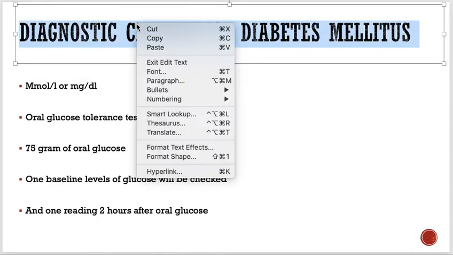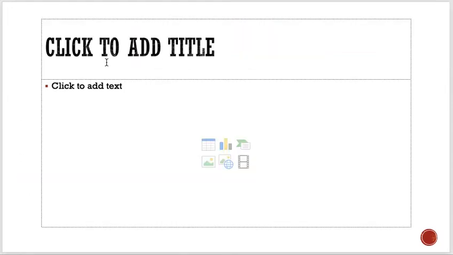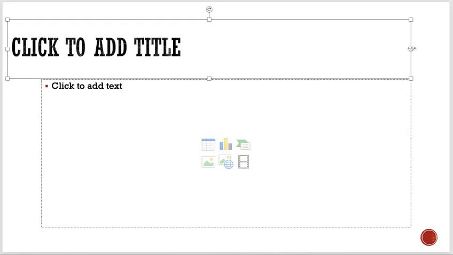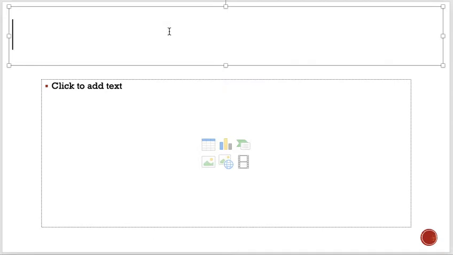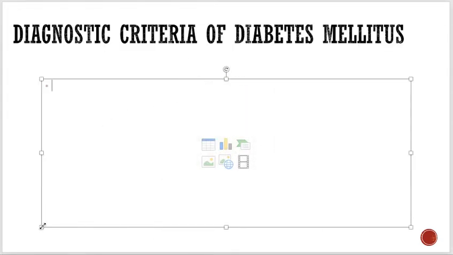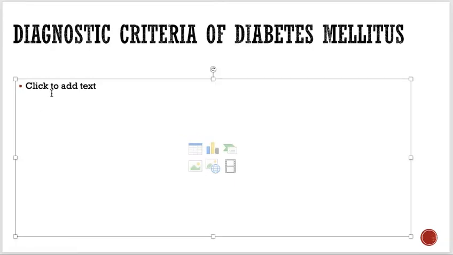Now, when we talk about the diagnostic criteria of diabetes mellitus, when we say that the patient has diabetes mellitus, the important thing to understand is what the criteria are. And remember, guys, the criteria are defined by WHO as well as the American Diabetes Association, which we call ADA.